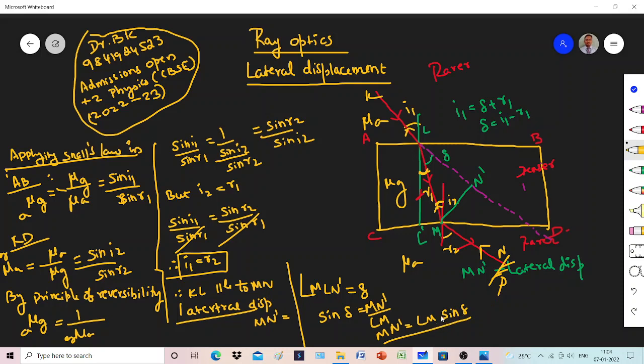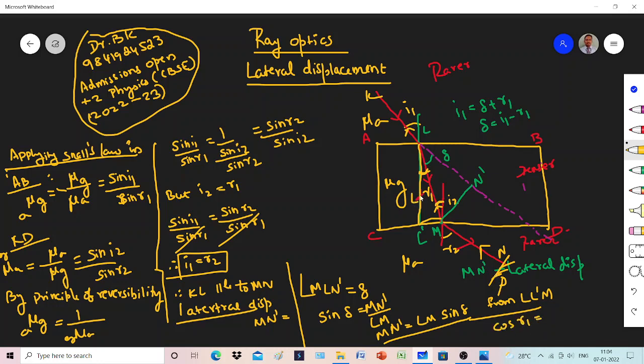So what is LM first? Let us take this triangle L dash M. You take from triangle L dash M. So what is that L dash M? This is the triangle I'm looking for, L dash M. I'm finding cos R from here. Cos R1 is adjacent side.